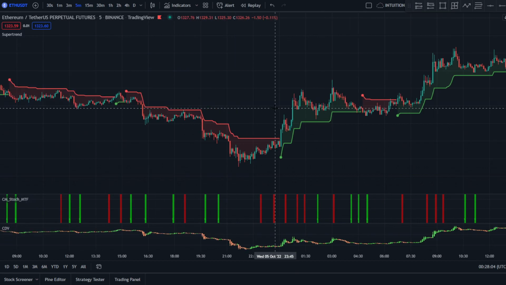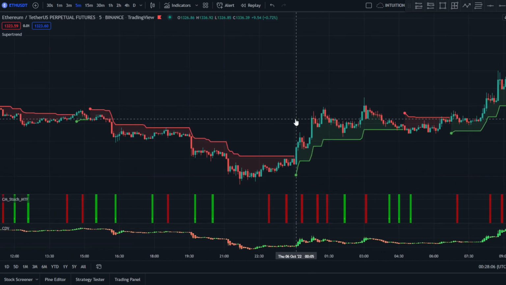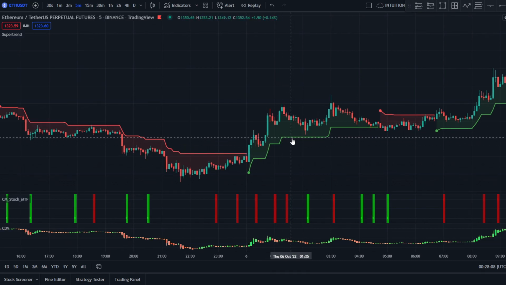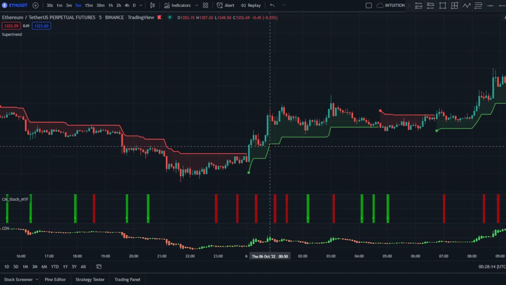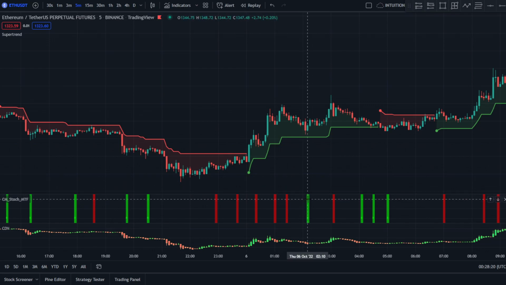For long positions, there are 3 rules you want to follow. First up, price must be above the super trend line. Whenever you see a green super trend line below the price, you always want to look for long positions. Next, for a buy signal, you must have a green bar on your stochastic multi-time frame. You can see here price is above the super trend line and we have a green bar.